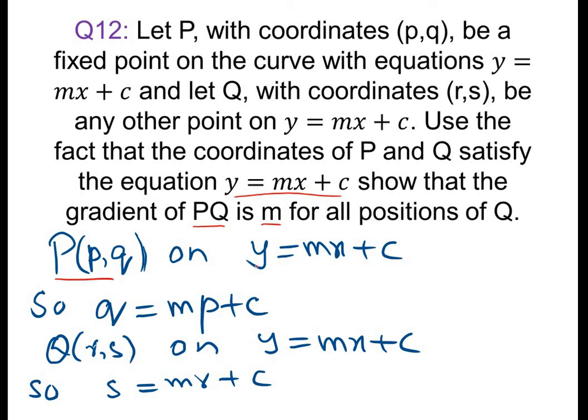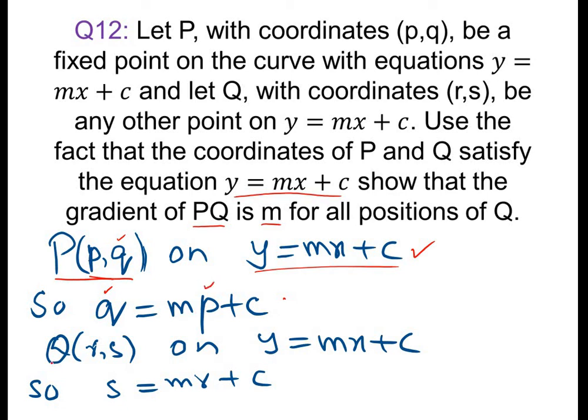We have the point P and the equation through which this point passes, which means that if we put this point in the equation, it is satisfied. So put the value of y, which is q, and the value of x, which is p, and we have one equation.